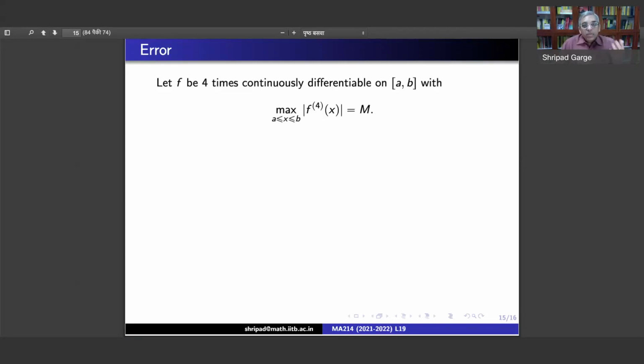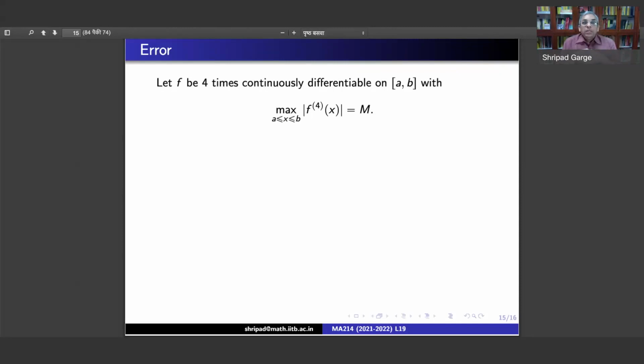So suppose you have a function which is 4 times differentiable on the closed interval [a, b], and suppose the fourth derivative, which is now a continuous function, is bounded on the interval [a, b] by this constant capital M. Okay, so there is this upper bound, the maximum, because you are looking at a closed and bounded interval. It's not supremum, it is maximum. You have this capital M, which is the maximum value of the fourth derivative on the interval [a, b].